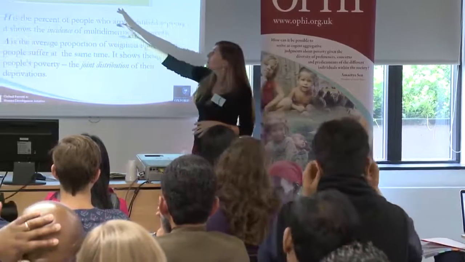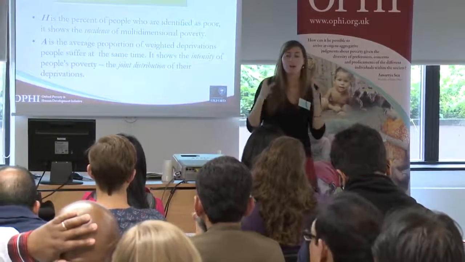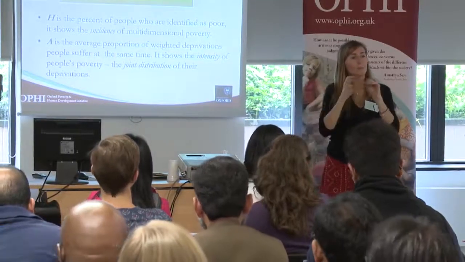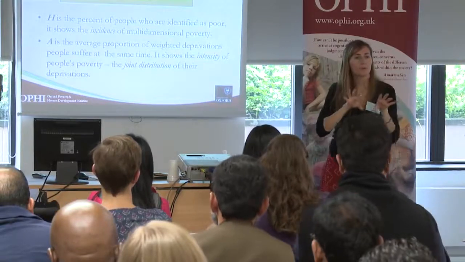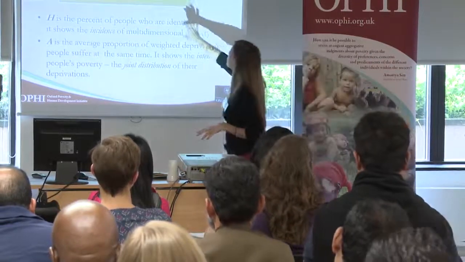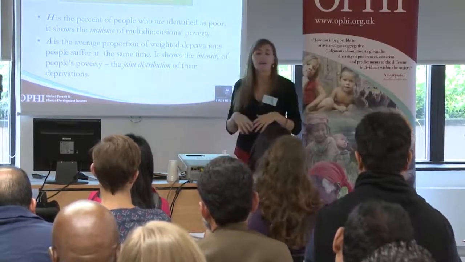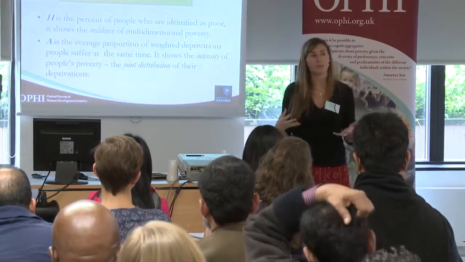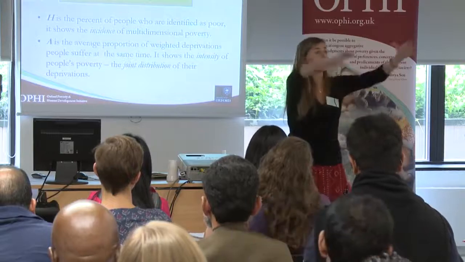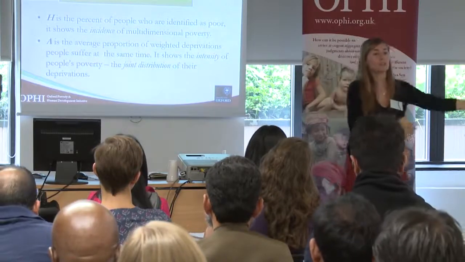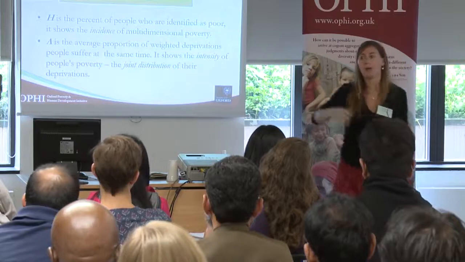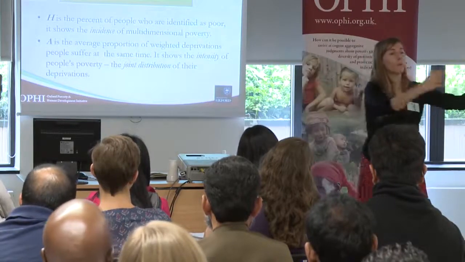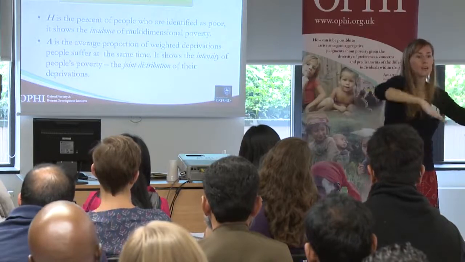The final index, which comes directly from using the Alkire-Foster methodology, is the product of 2 components. The first one is what we call H, which is the incidence of poverty. It's the proportion of people who are multidimensionally poor. So if this is my entire population, and this group has been identified as MPI poor, and this group is non-MPI poor, basically H is the proportion of this group out of the entire population.